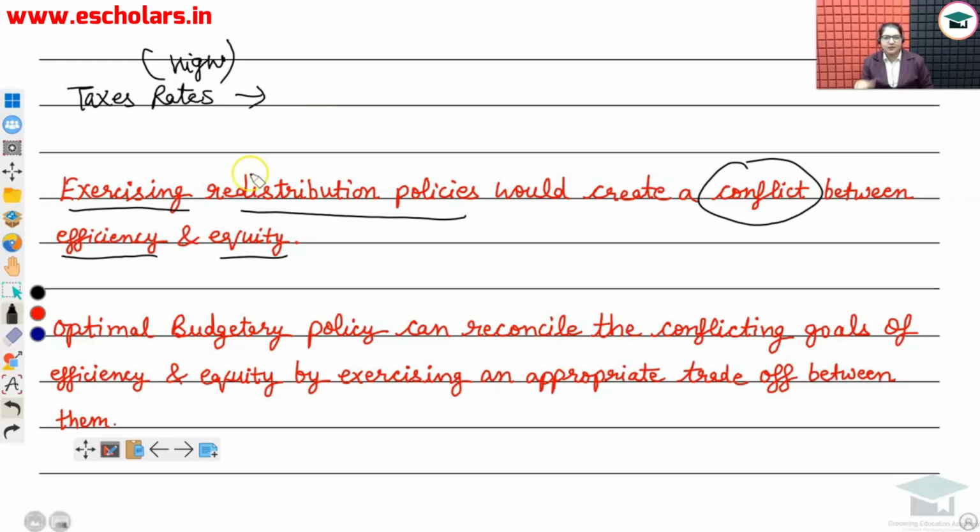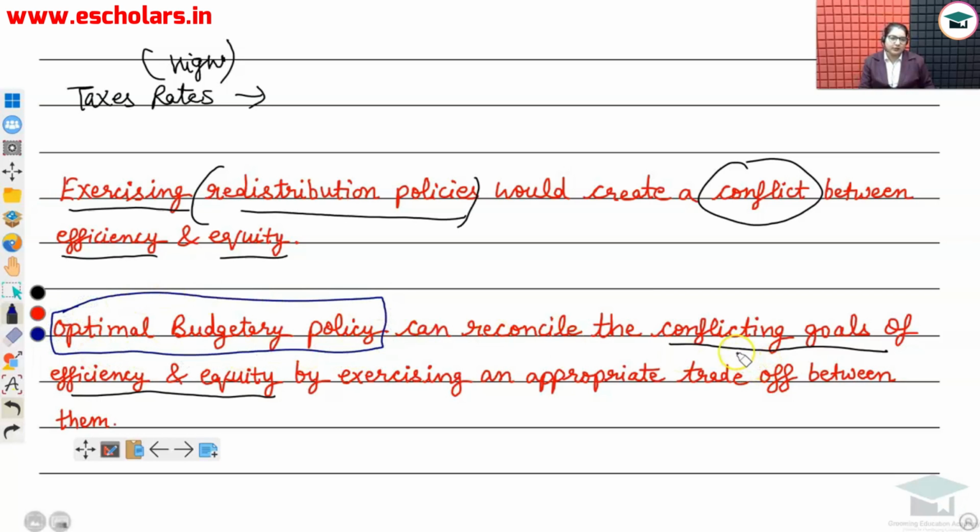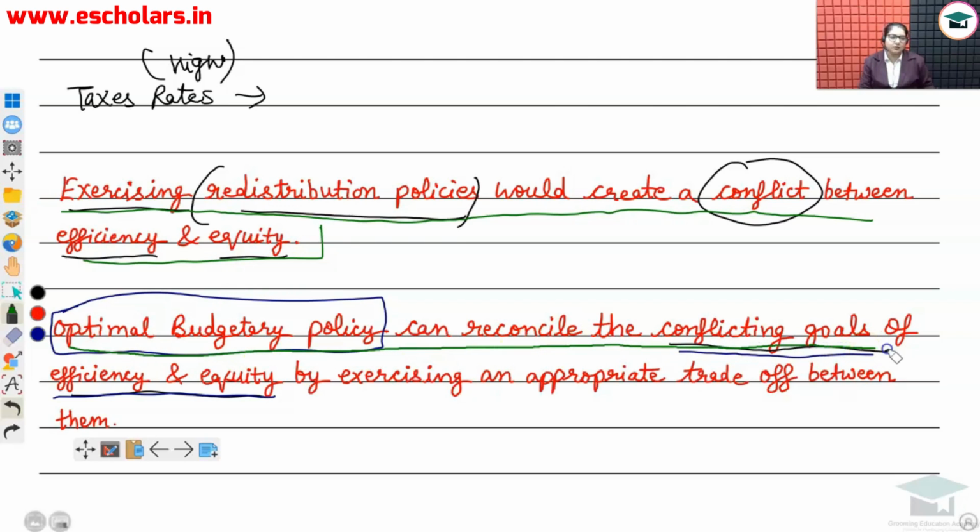So while exercising redistribution policies, the government should be conscious in order to reconcile the conflicting goals of efficiency and equity, by using optimal budgetary policy. Exercising redistribution policies would create a conflict between efficiency and equity. Optimal budgetary policy can reconcile the conflicting goals of efficiency and equity by exercising an appropriate trade-off between them.